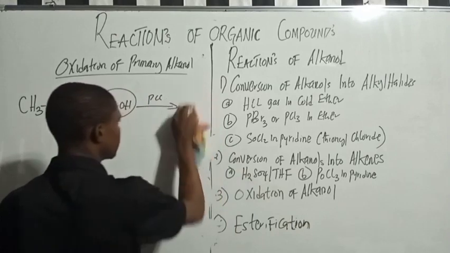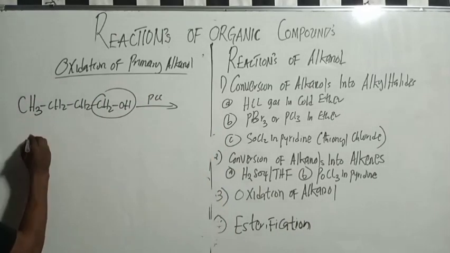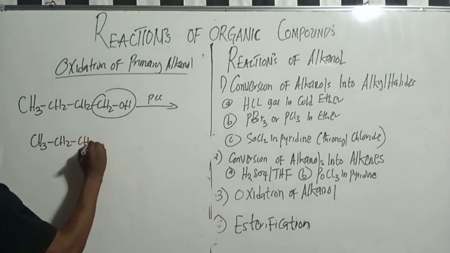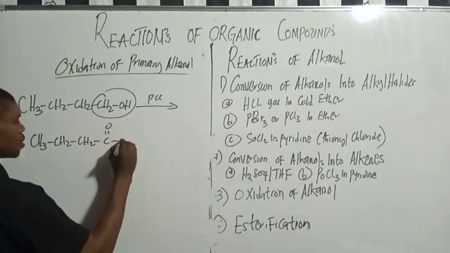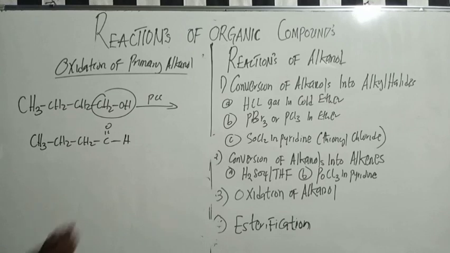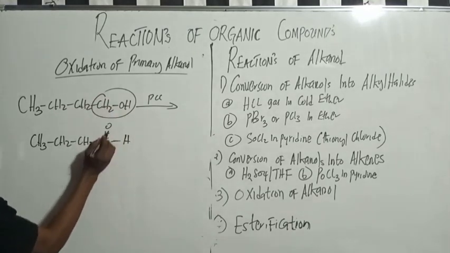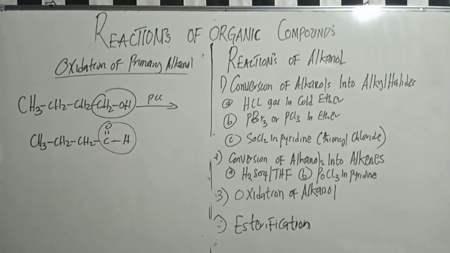The product here is going to be CH3CH2CH2CHO. You have oxidized this CH2OH to an aldehyde functional group.